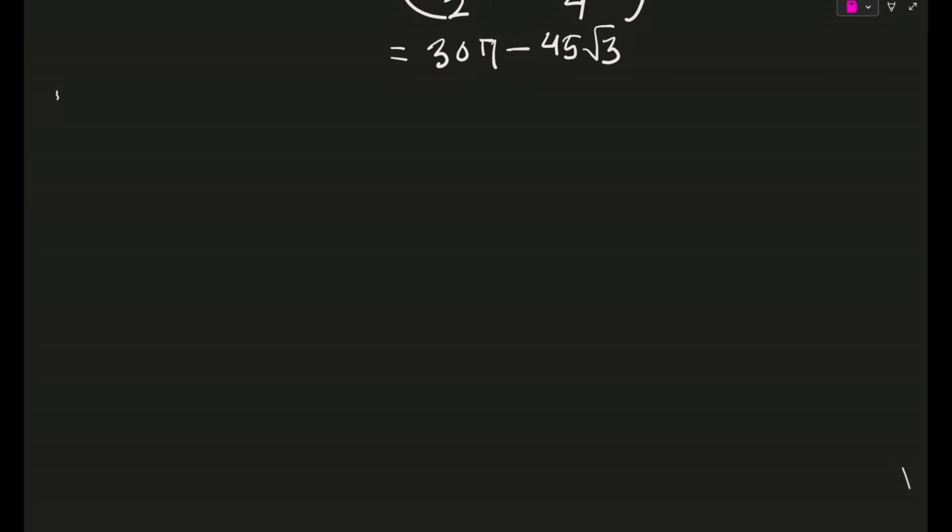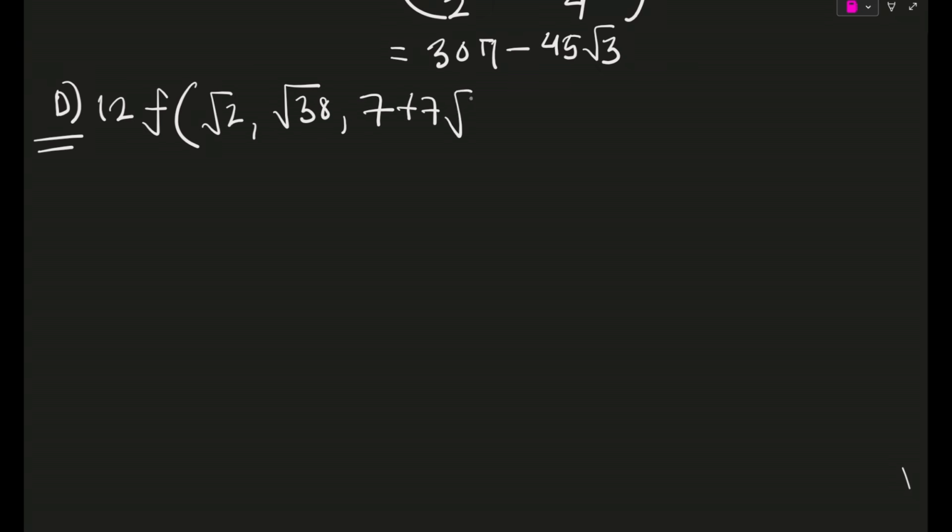So guys, in our option number D, it was given 12 times f of, like, all the options, actually three options, it's 12 times only. Anyways, 12 times f of root 2 comma root 38 and 7 plus 7 root 3. This is going to be some extensive calculation, and I will do this.